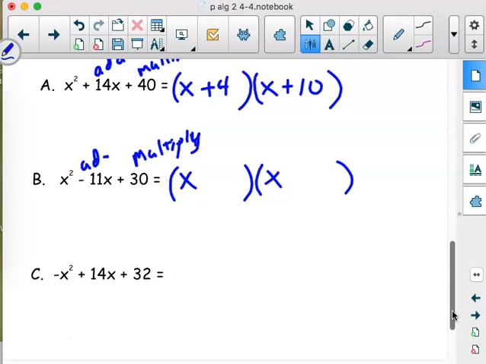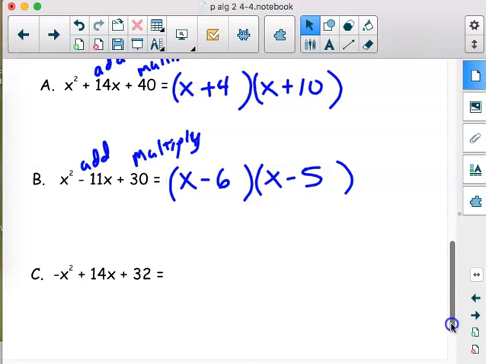Oh, but they have to add to negative 11. Multiply to positive 30 and add to negative 11. Unmute and give me those numbers. 6 and 5. Negative 5, negative 6. There they are, because we have to add to a negative.